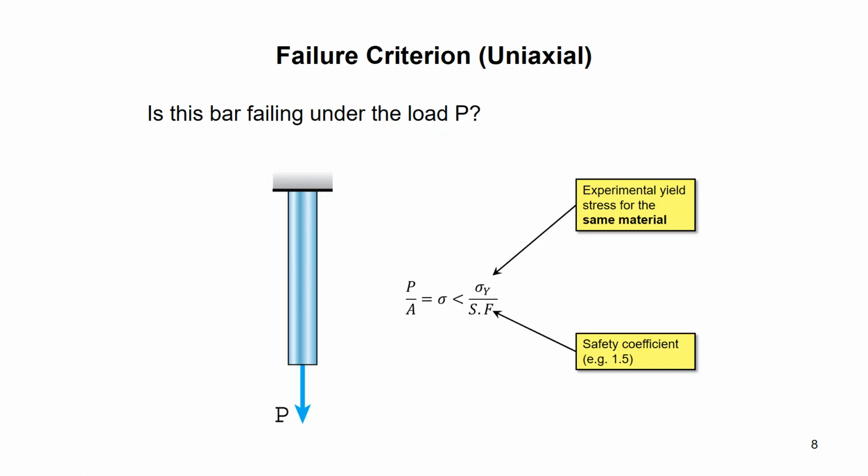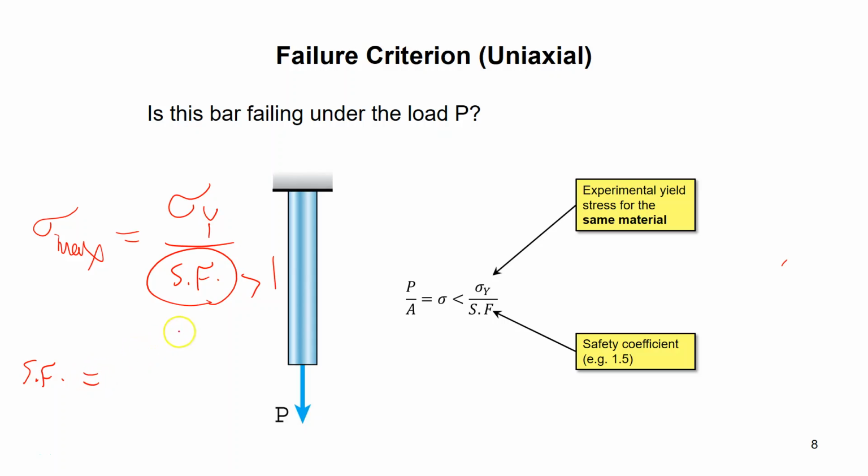Okay, so again here you can see that if I use my max sigma to be equal to the yield strength divided by safety factor, again the safety factor is always bigger than 1, but how can I calculate it for any point? At any point I divide the yield strength by the maximum stress at that point.